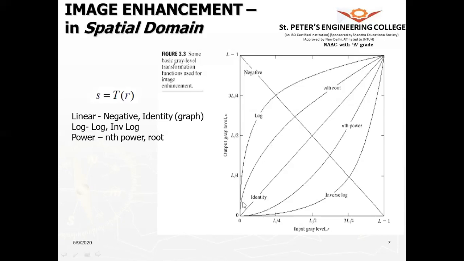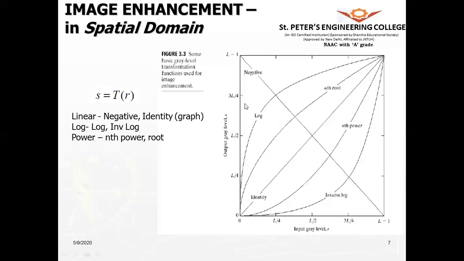So you can see that if you observe the log and the nth root, they have higher values. Here in the input axis, they range from 0 to L by 4. In the output axis, it can range from 0 to 3L by 4. So this small set of intensity values are mapped into large variations here.